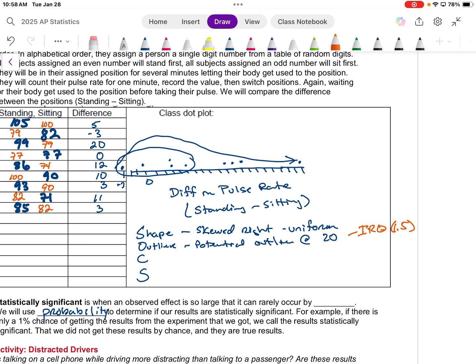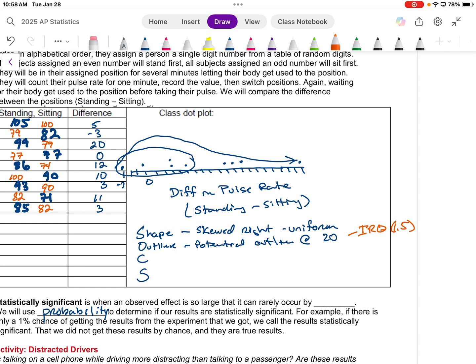I should type in real quickly in a table 5, -3, 20, 0, 12, 10, 3, 11, and 3, and then tell it to do a 1-var stat, figure out what Q1 and Q3 are. Then I could figure out what the IQR is, multiply it by 1.5, add it to whatever Q3 is, and then see, is 20 an outlier? That's what I should do, okay?